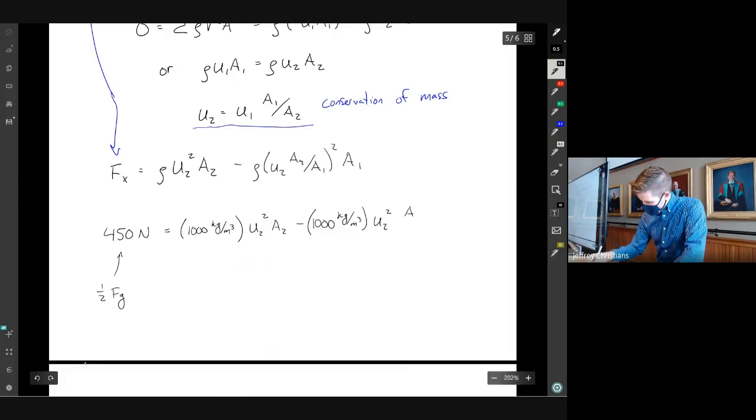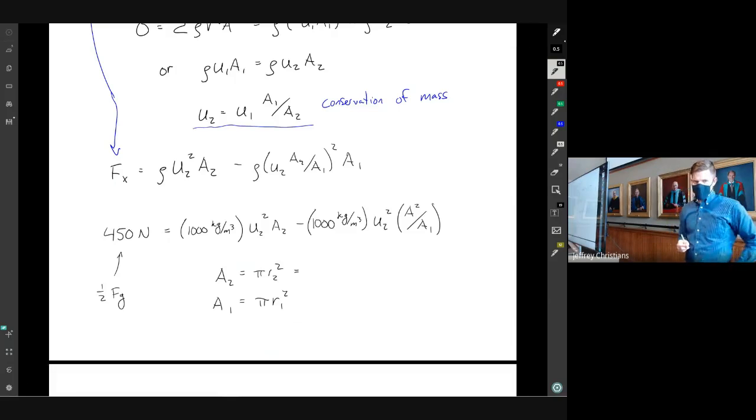This is A2 squared over A1. A2 equals pi R2 squared. A1 equals pi R1 squared, which was 2.5 centimeters and 5 centimeters.